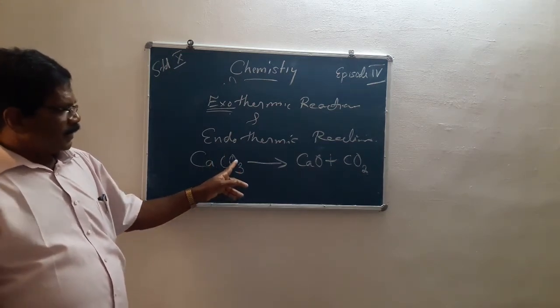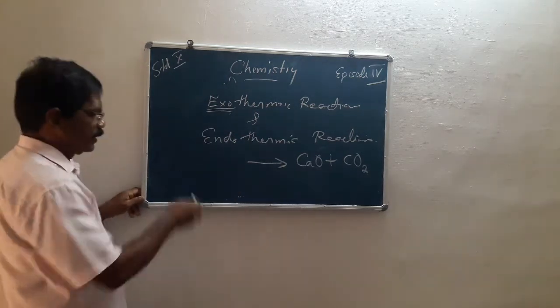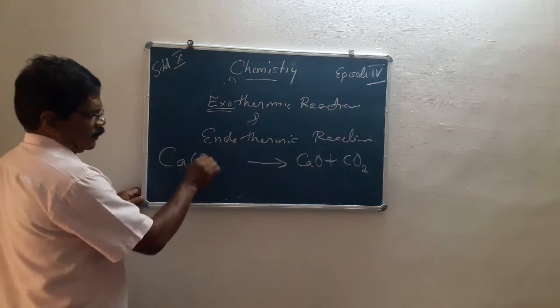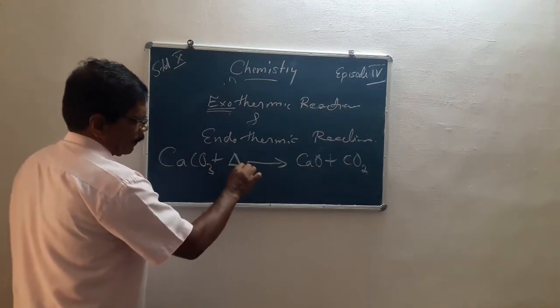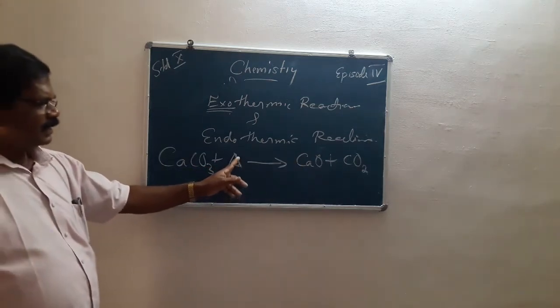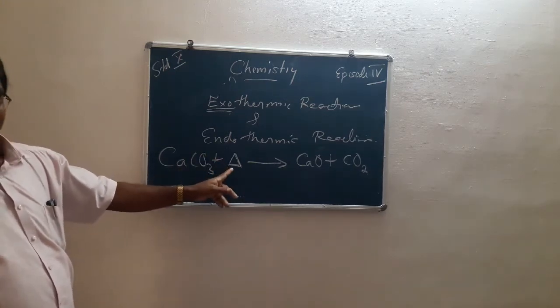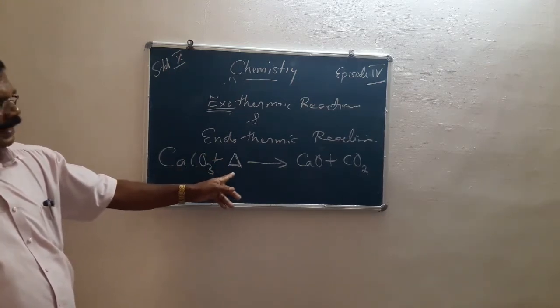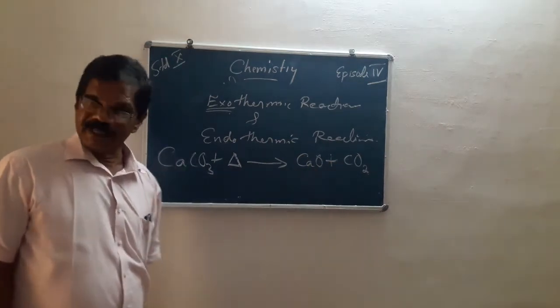That calcium carbonate on heating decomposes to give calcium oxide and carbon dioxide. Here, the heat symbol is shown. Calcium carbonate absorbs heat and decomposes to give calcium oxide and carbon dioxide.